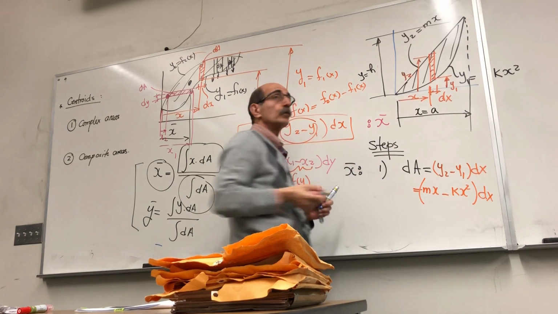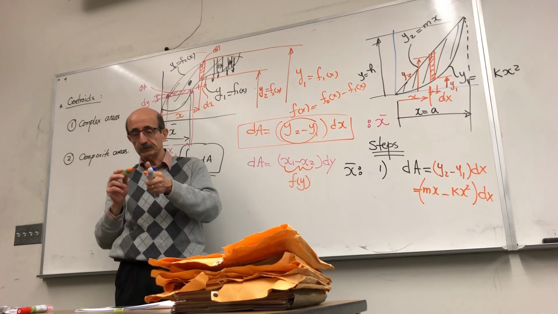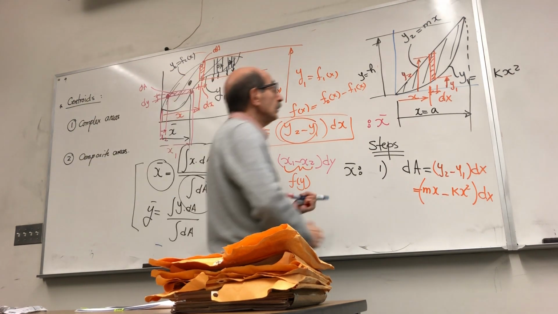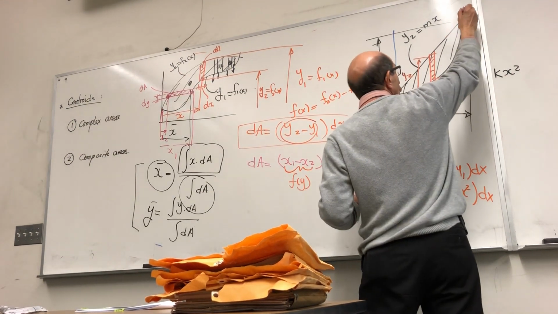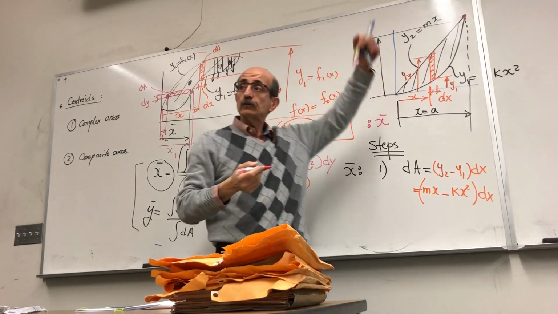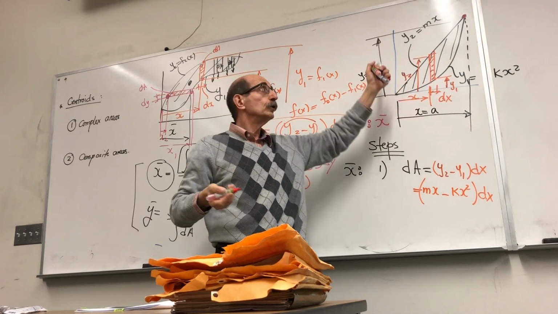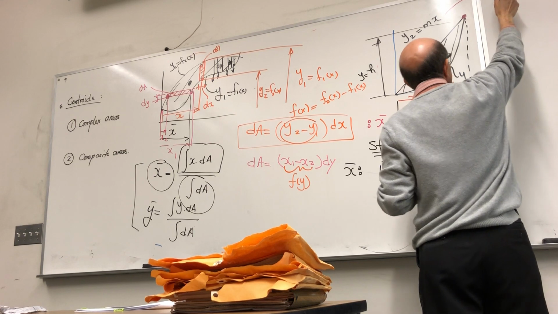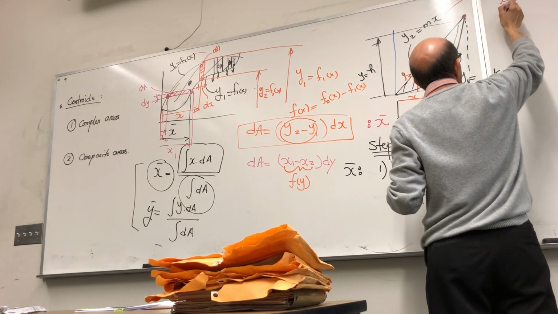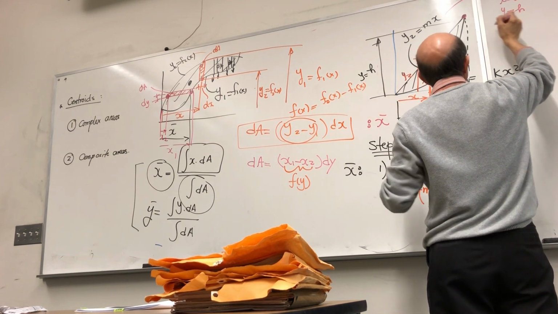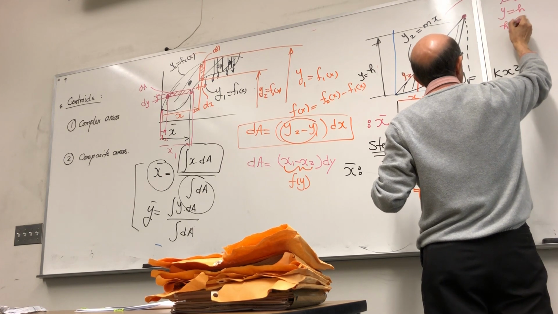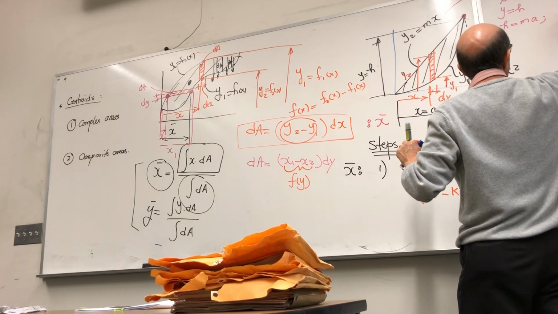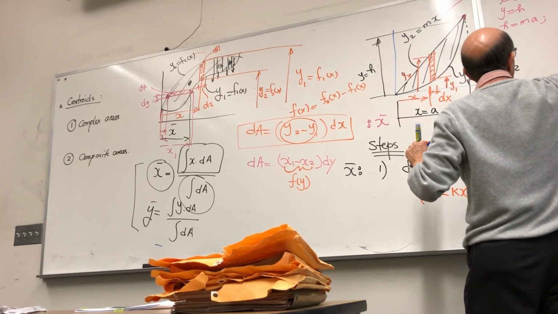We can find the value of those parameters, m and k, because this point's coordinates are given, so just substitute that in the two functions. For instance, for x equal to a and y equal to h, you have h equal to m times a, therefore m is h over a.